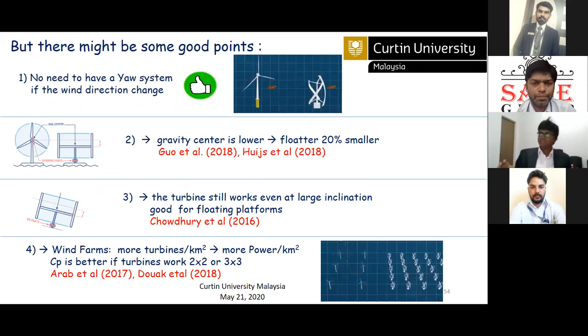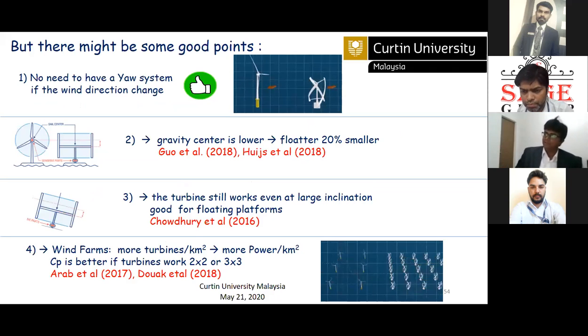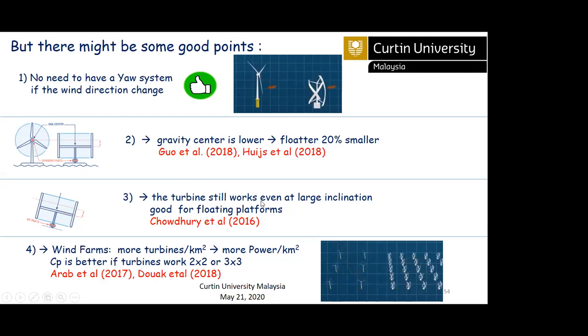So what were the benefits of thinking about the vertical axis wind turbine? The center of gravity is low for the floater conditions, so the floater requirement or floater investment is much more reduced. The vertical axis wind turbine can also function at large inclination.